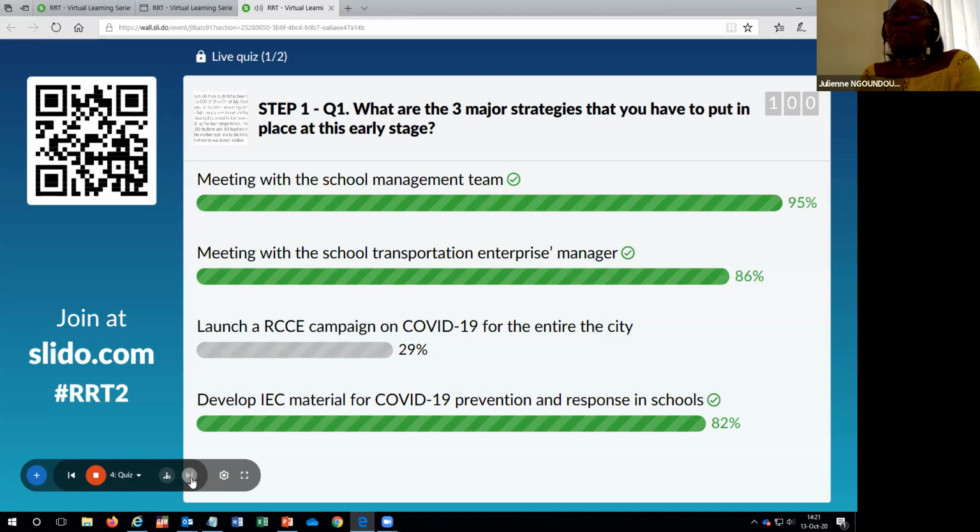You have to develop the IEC material for COVID-19 prevention and response in schools, because we are in the early stage. Before informing the entire city, we first need to focus on the main group who have to receive the information, and where we should put the first community engagement activities.